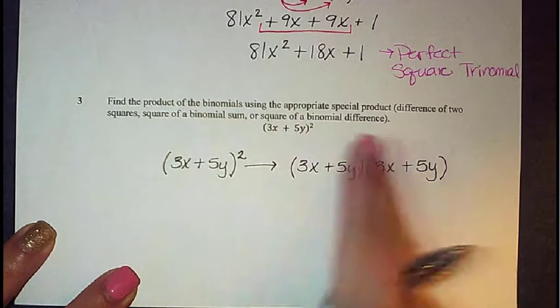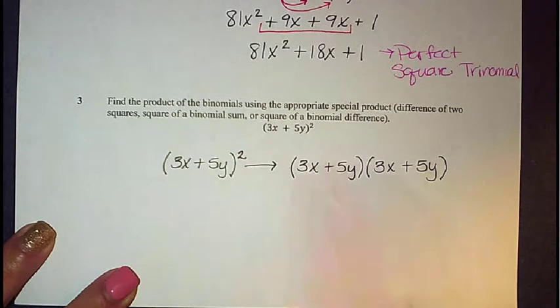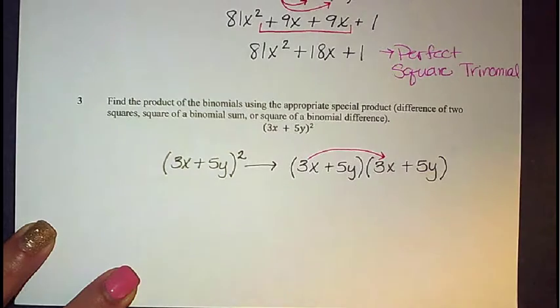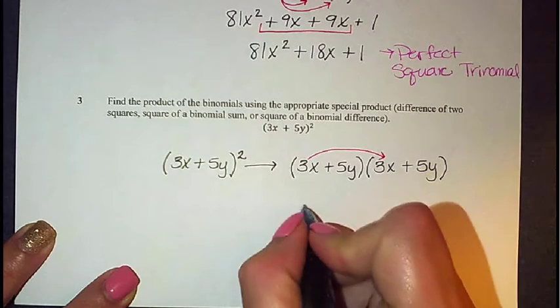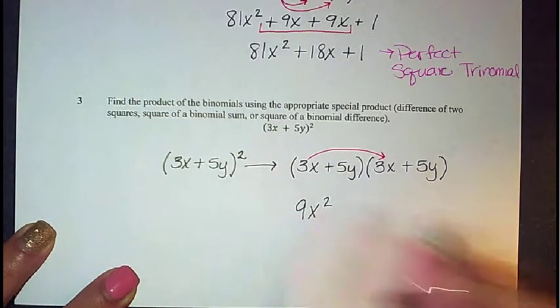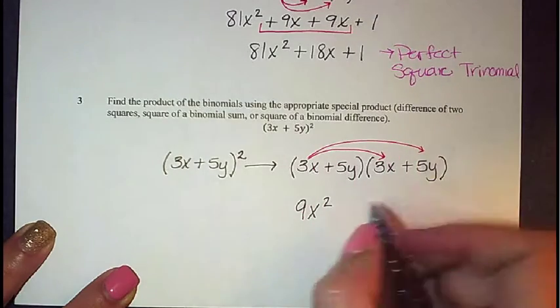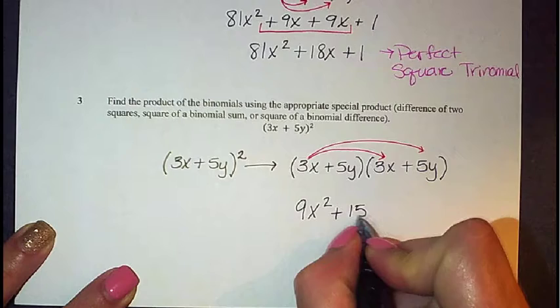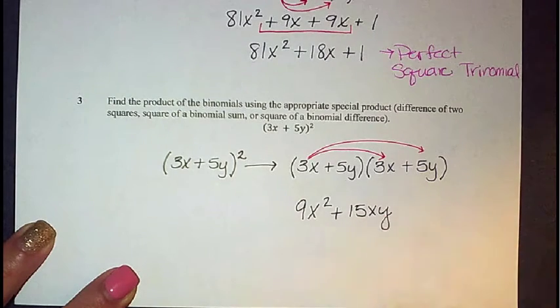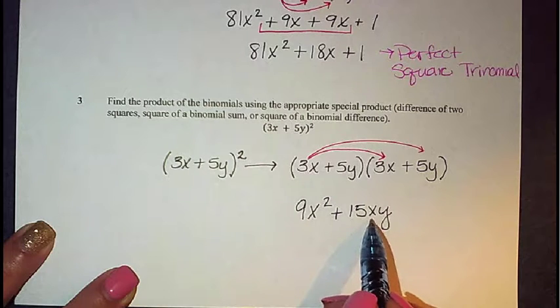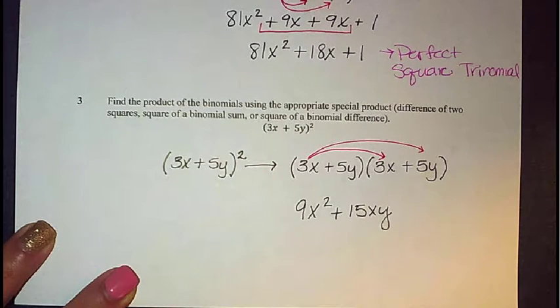Now we're going to take this problem and FOIL it just like we did on the previous two examples. So we're going to do our first times our first. 3x times 3x would give us 9x squared. And our 3x times our 5y would give us 15xy. It doesn't matter what order you write these two variables in, however proper math says we write the x first because we do it in alphabetical order.